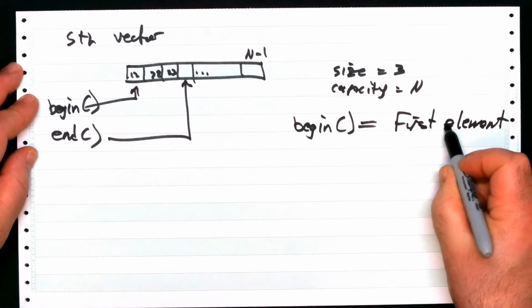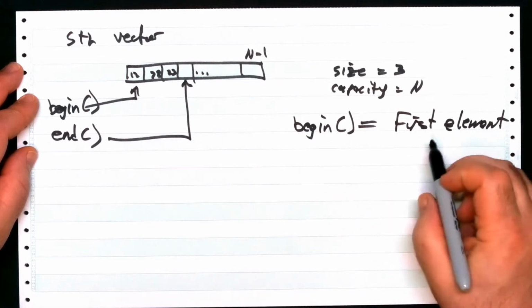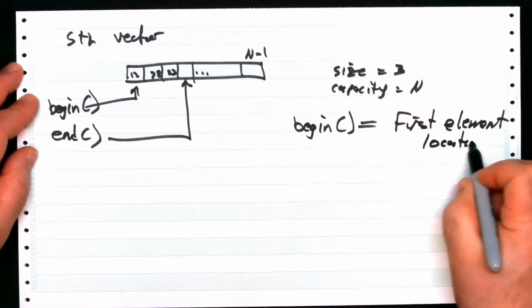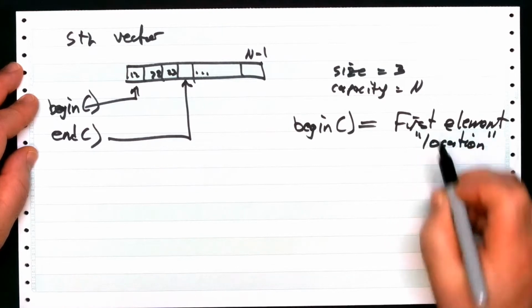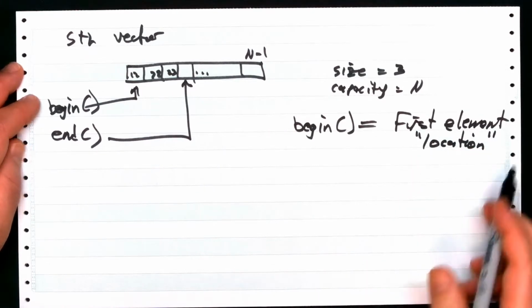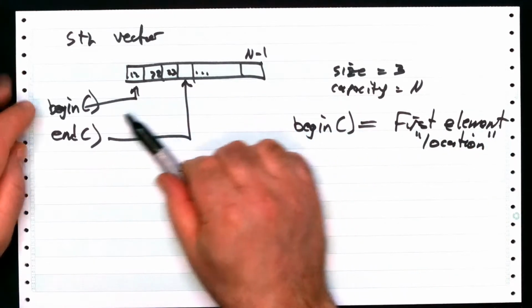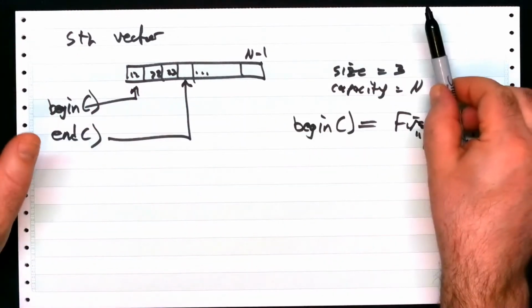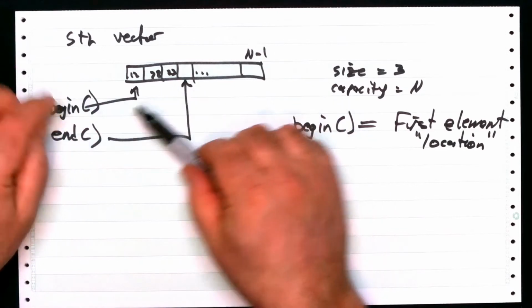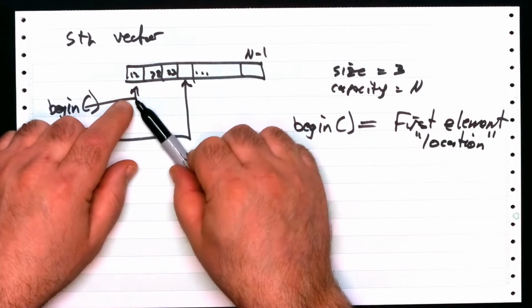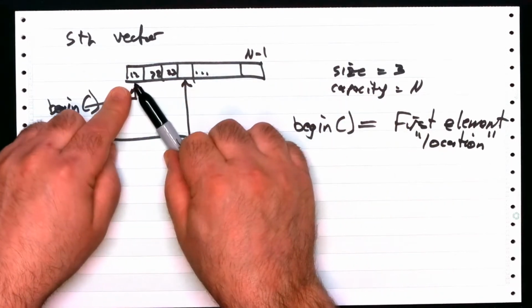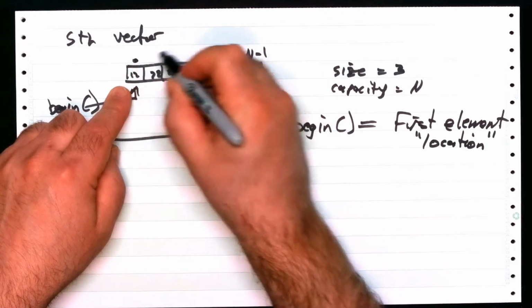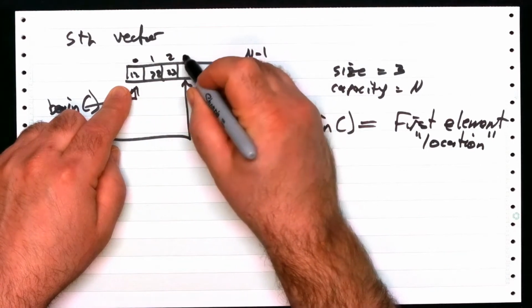Or more accurately, I'll say it's the first element's "location". I'll put quotes around that, okay? Because it really means, where is it? I represent the location of the first element. If this was a C array, for example, begin would be the value of a pointer whose contents is the address of that first element, which would be this element number 0, right?